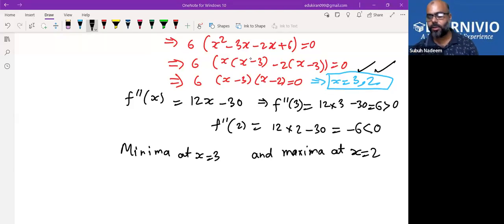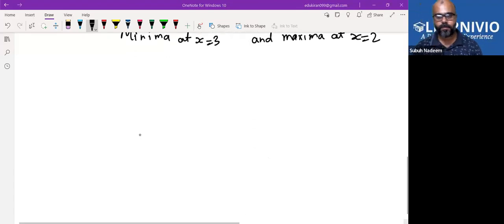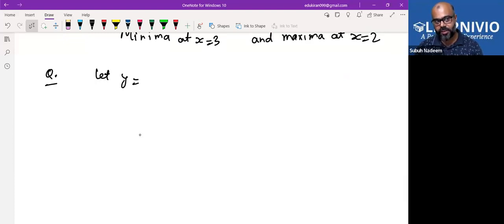Okay, Shavaz. So we have the next question here. Let y is equal to, you can write f(x) as y also, x plus 4 by x square, and x is not equal to 0 obviously because denominator cannot be 0.